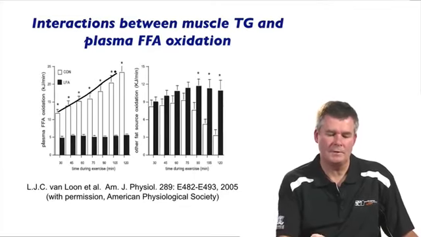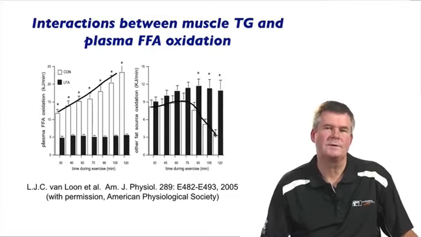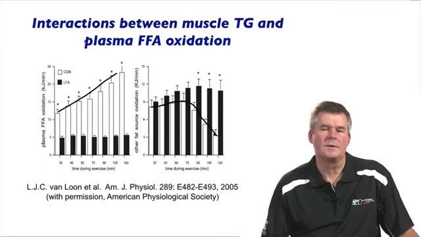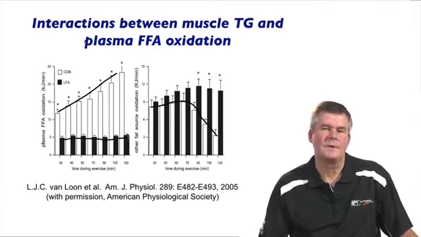And that's associated with a breakdown of muscle triglycerides, which then declines as the increase in fatty acid oxidation from the plasma occurs. If you give these subjects a drug which blocks the mobilization of fatty acids from their adipose tissue, you don't see the same increase in fatty acid oxidation from these plasma sources.